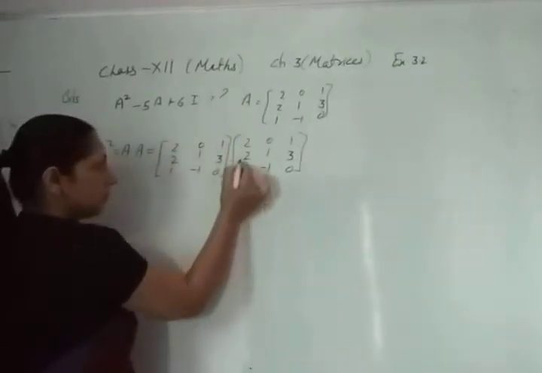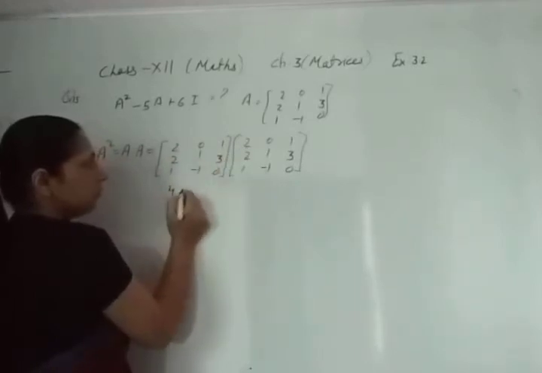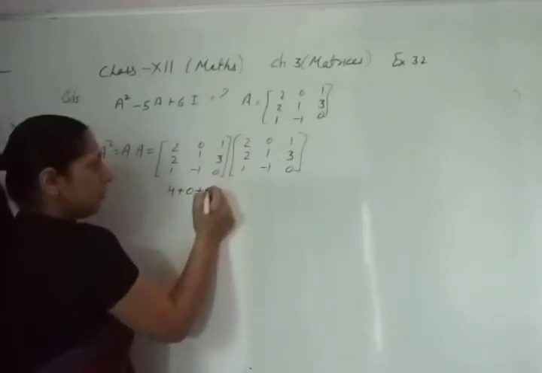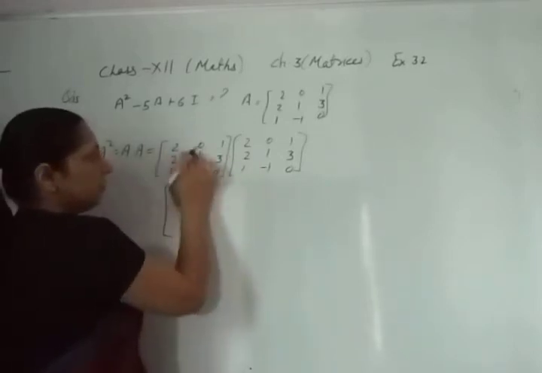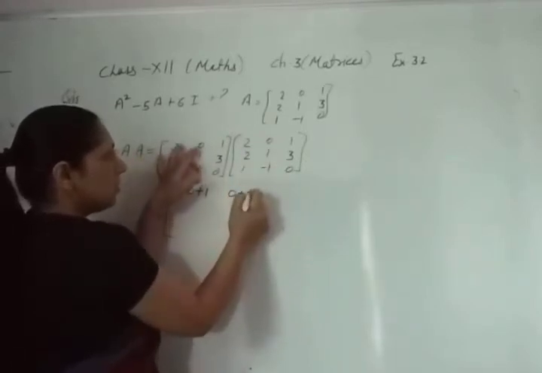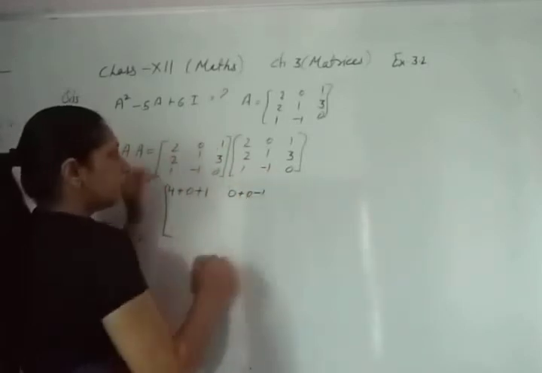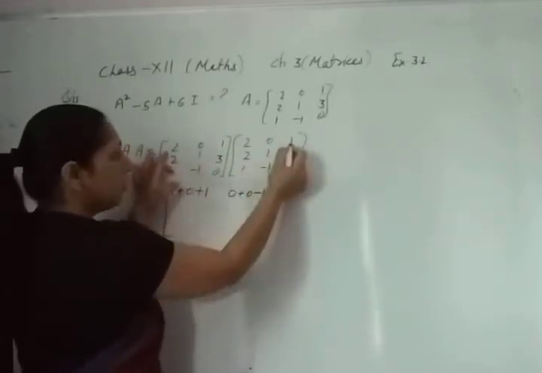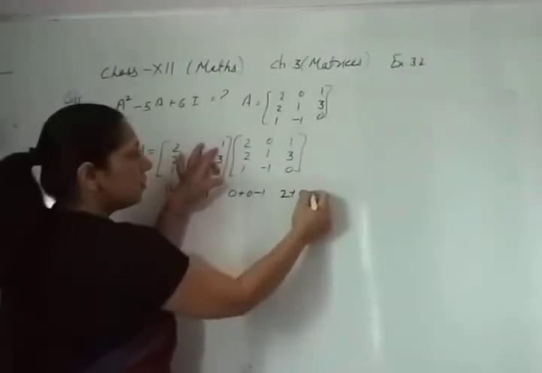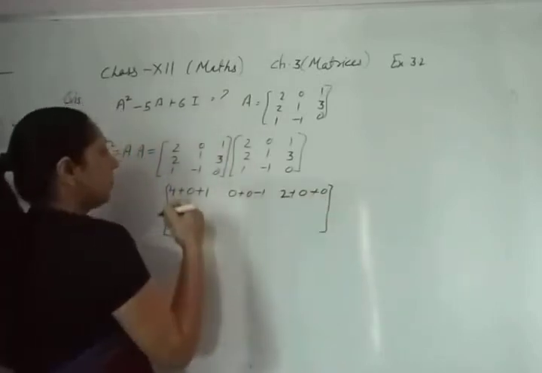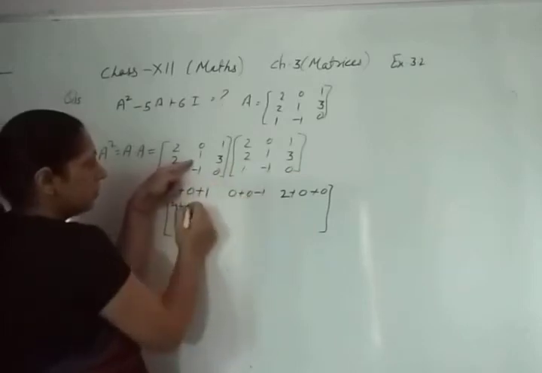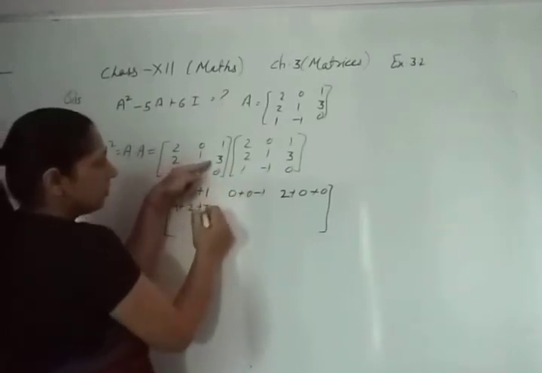First row, first column: 2 2s are 4, plus 0 into 2, 0, plus 1 into 1, 1. Then first row, second column: 2 into 0, 0, 0 into 1, 0, 1 into minus 1, minus 1. Then first row, third column: 2 into 1, 2, 0 into 3, 0, 1 into 0, 0. Then second row, first column: 2 2s are 4, plus 1 2s are 2, plus 3 1s are 3.